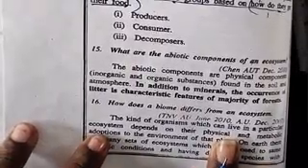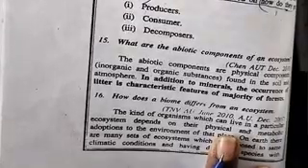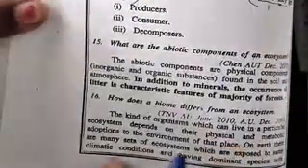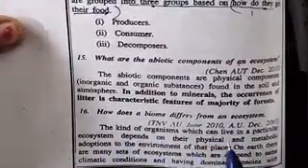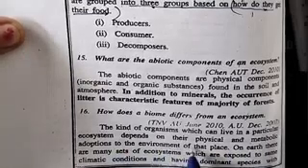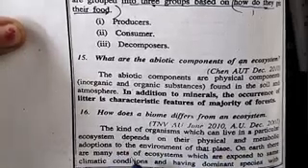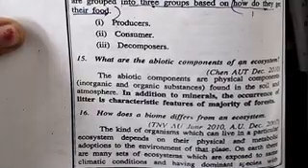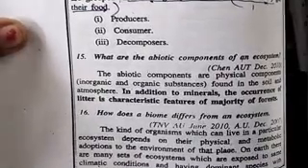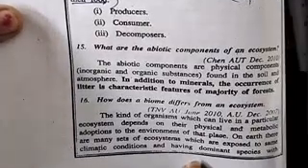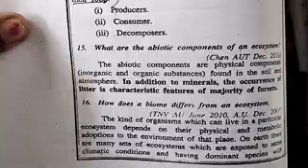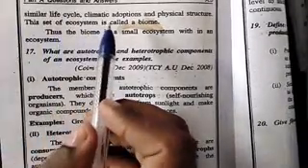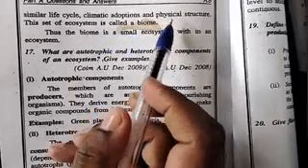Next, how does a biome differ from an ecosystem? The kind of organisms which can live in a particular ecosystem depends on the physical and metabolic adaptation to the environment of that place. On Earth, there are many sets of ecosystems exposed to the same climatic conditions, with dominant species having similar life cycle, climatic adaptations, and physical structure.